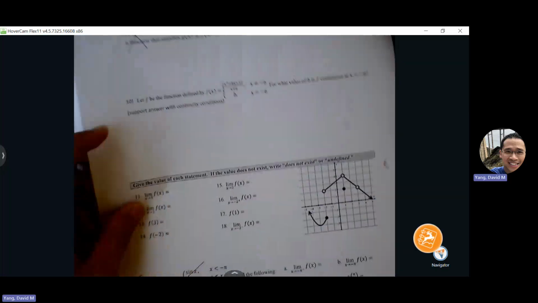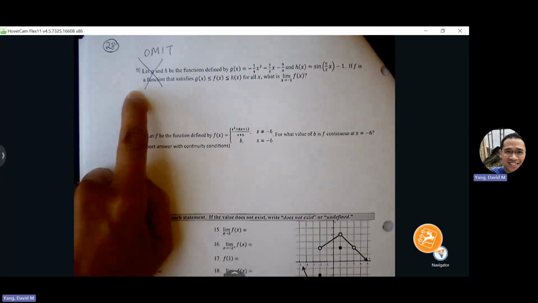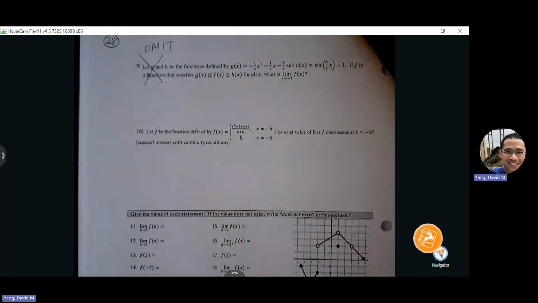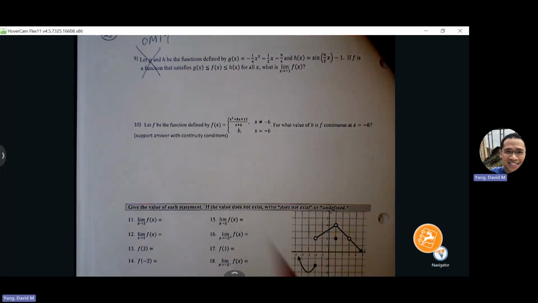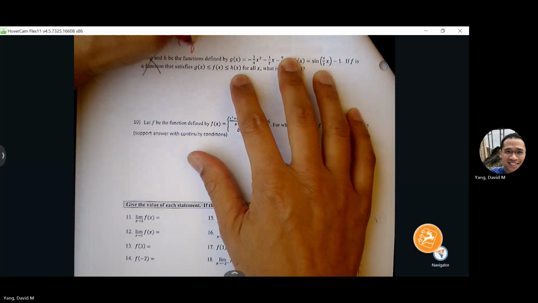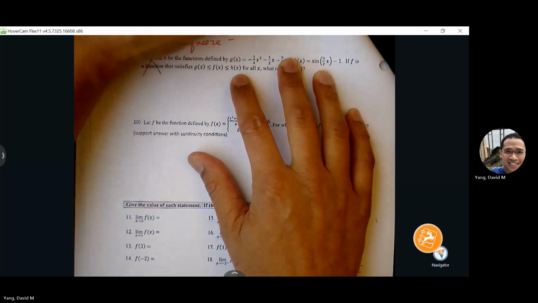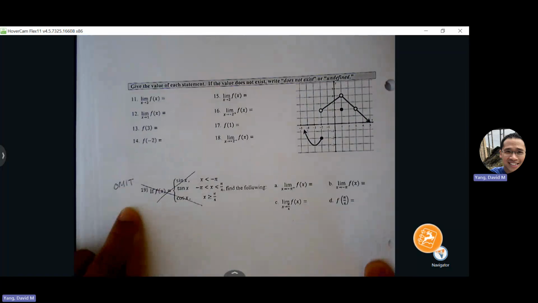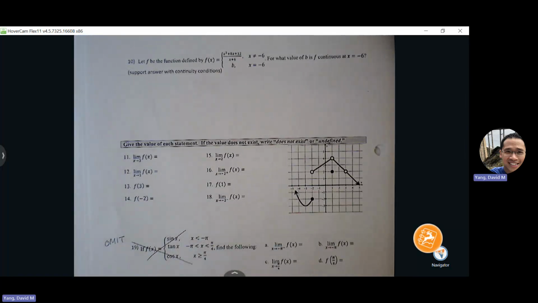On page 28, though, you can omit number 9, it is a squeeze theorem problem, so that's why I have it omitted there. And all the other problems that are also omitted, I've already indicated that on your review. Okay.